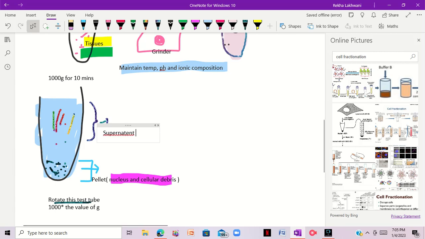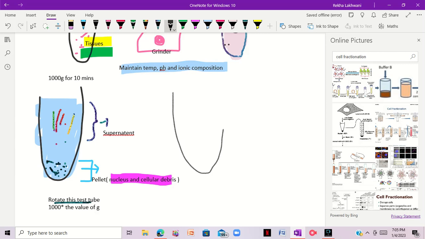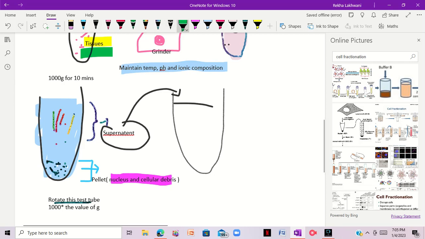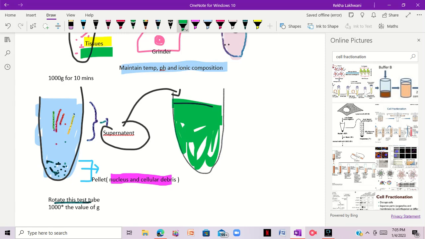Now you will take another test tube and pour this supernatant into this tube. Let me fill this tube. I consider I have filled this test tube, right?